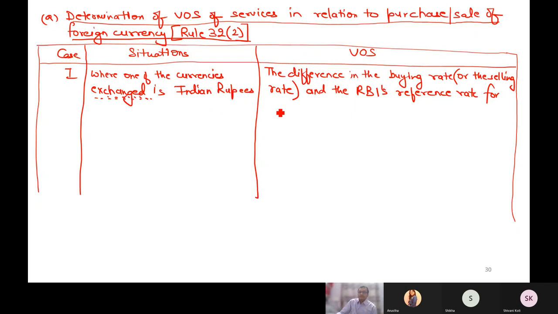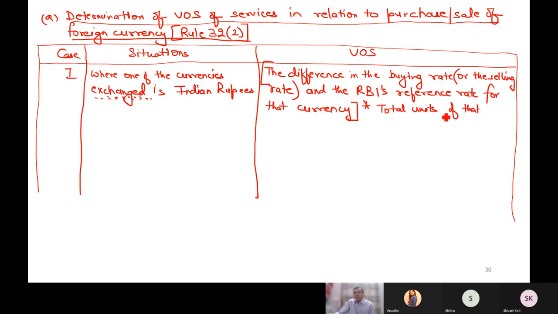Like if you are converting your rupee into dollar, then what is the RBI's rate to convert rupee into dollar? So the difference between RBI's rate and your actual rate is the difference, multiplied by the total units of that currency.